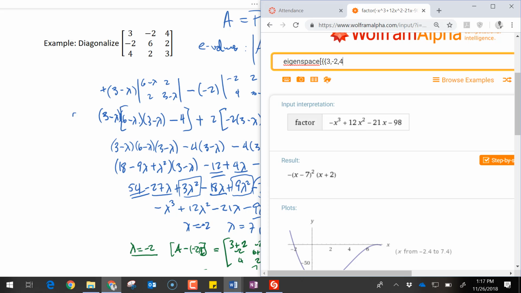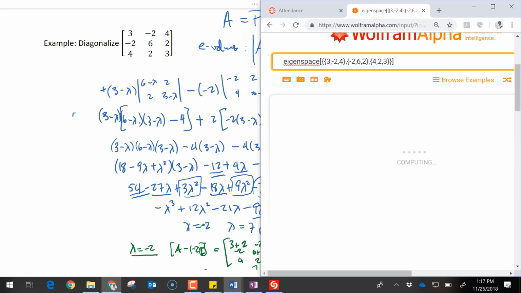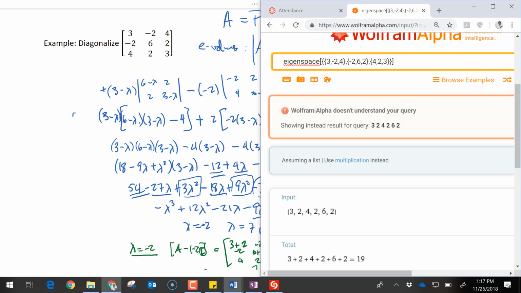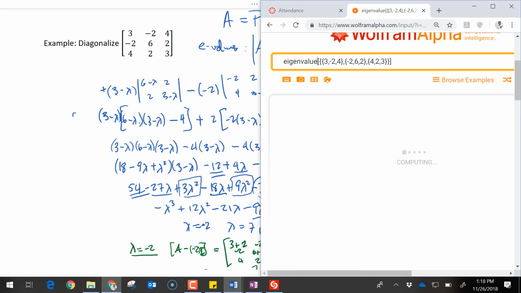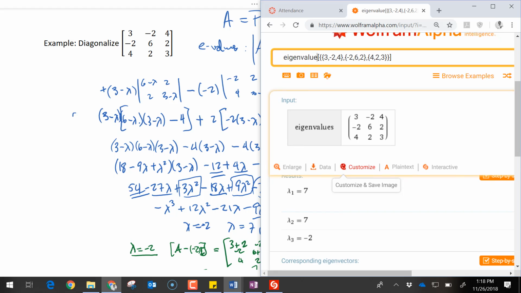3, -2, 4, -2, 6, 2, 4, 2, 3. Uh-oh. Did I miss a comma? Let me try eigenvalues. There we go.